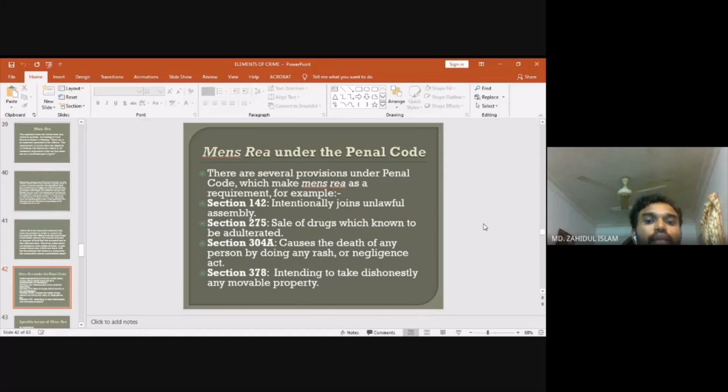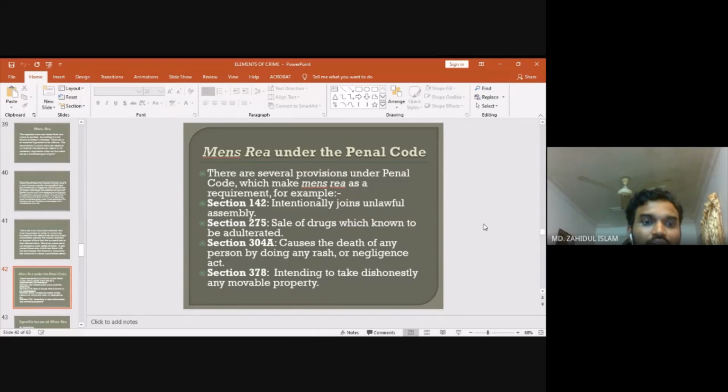So the two elements are very important for a crime: actus reus and mens rea. Actus reus is physical activities, punching someone, kicking someone, shooting someone, visible things. People can see, people can recognize, you shoot someone, you kick someone. Then mens rea is guilty mind, which you can prove. The requirement of mens rea is the pre-plan.